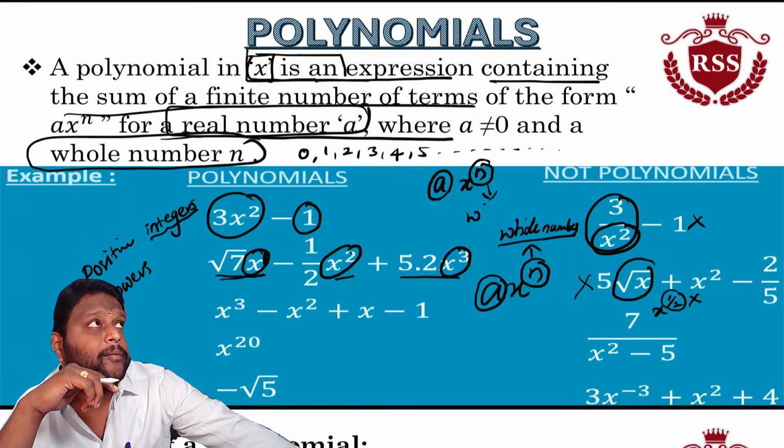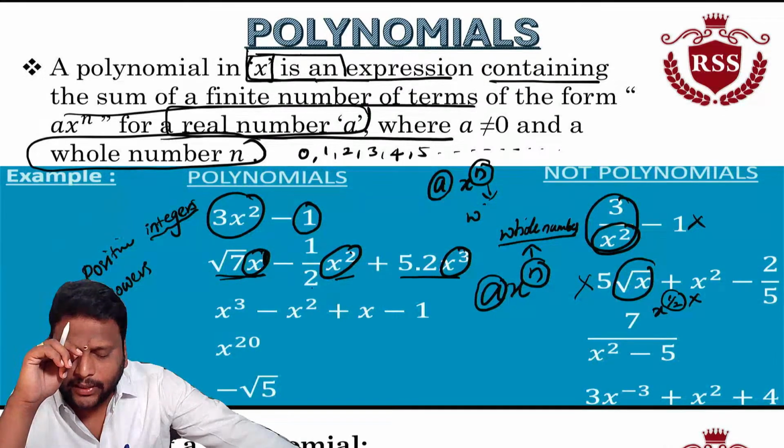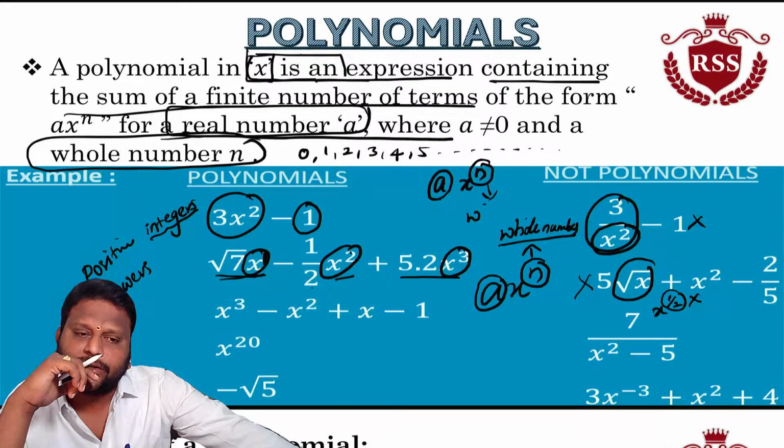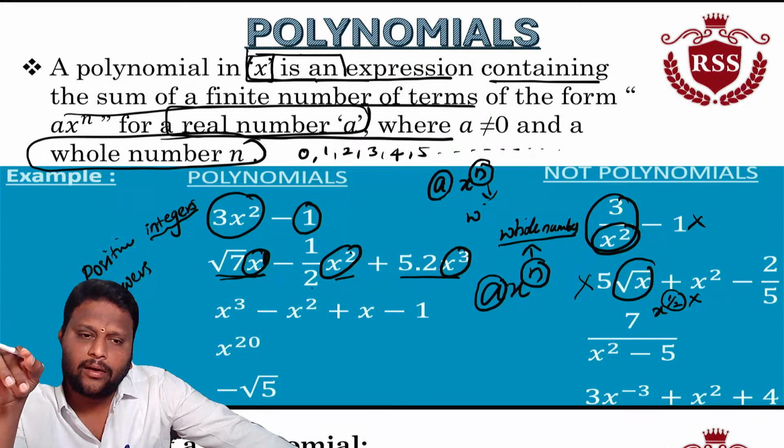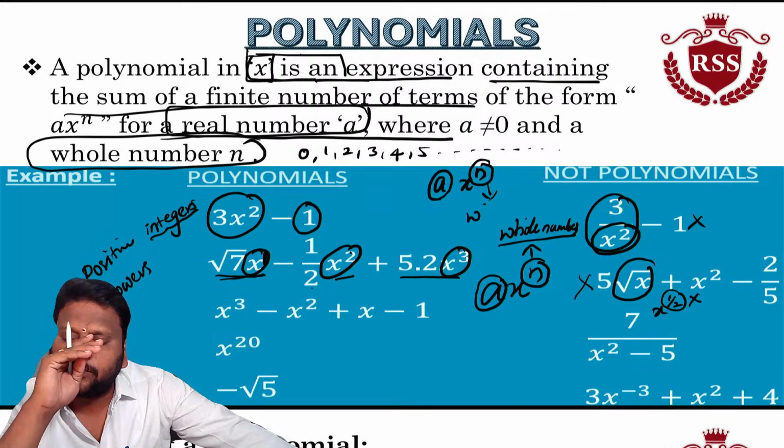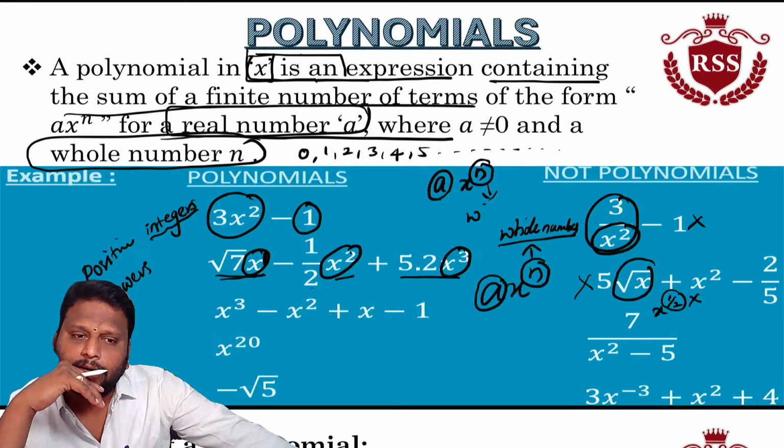So a polynomial in x is an expression containing a finite number of terms, which is in the form of a x power n. A is real, n is a whole number. Real means it can be a fraction, an irrational number, anything. Okay, got it?